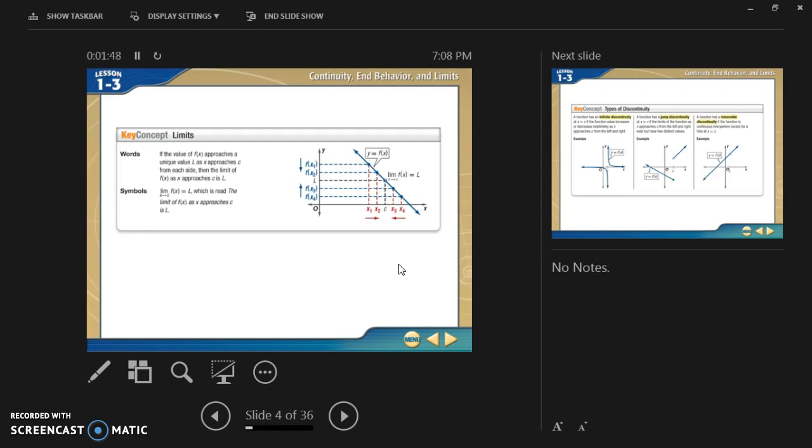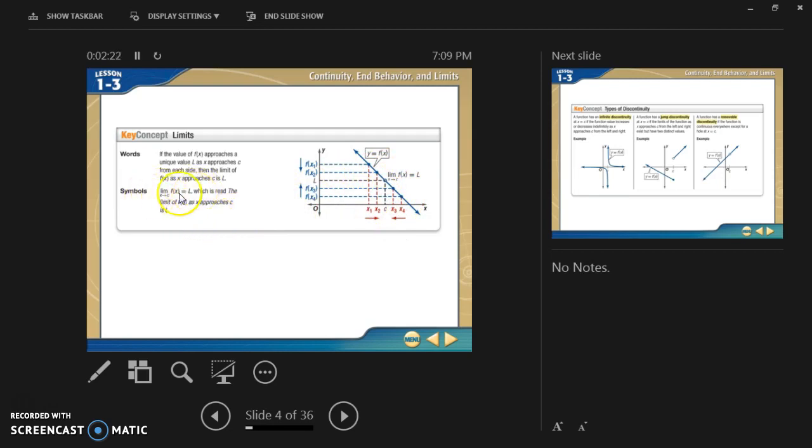With this picture, you see that x is approaching c. As x approaches c from the left, we see that y is approaching this value L. As x is approaching c from the right, we see that this is also approaching L. So this is a function where the limit would exist.